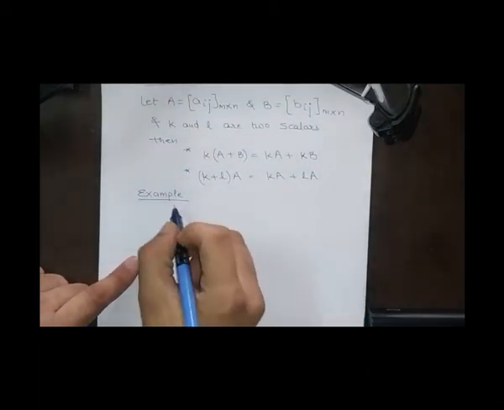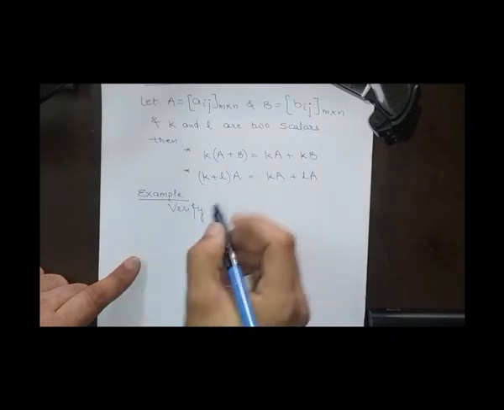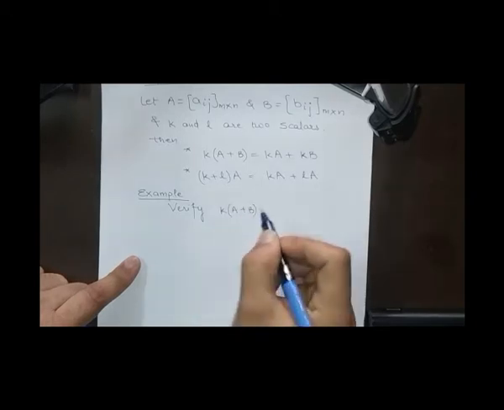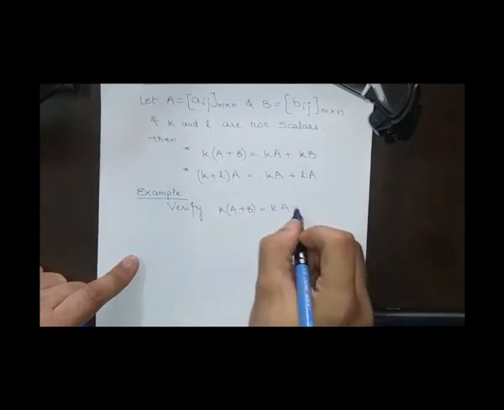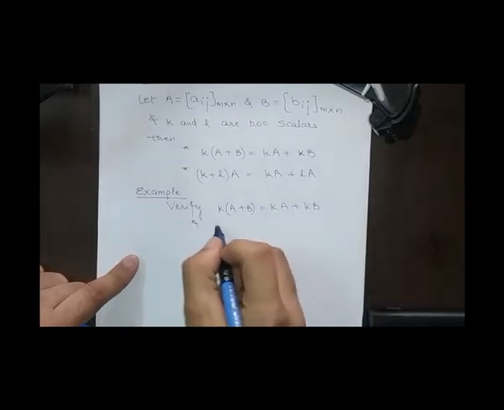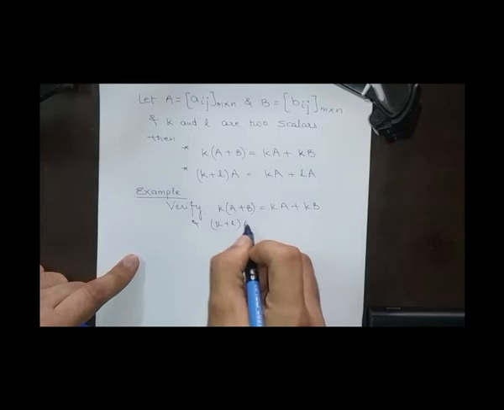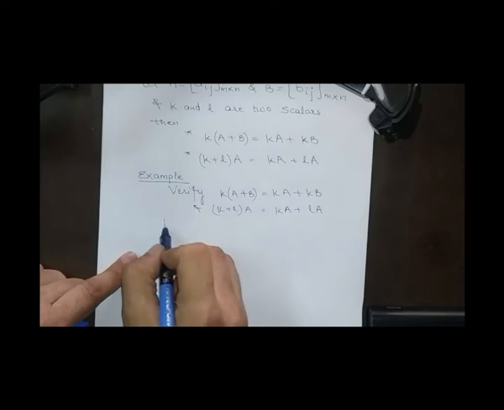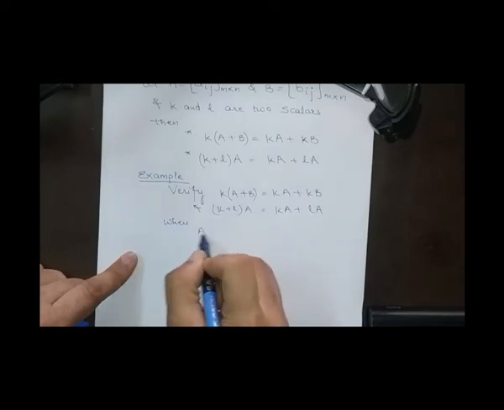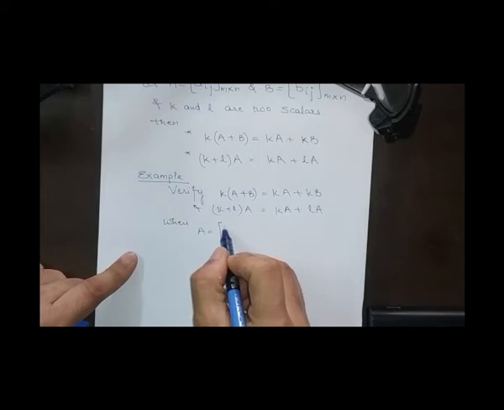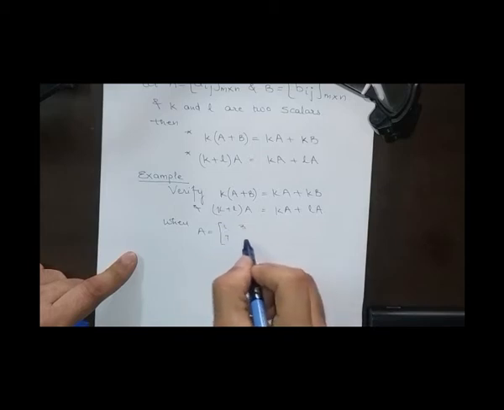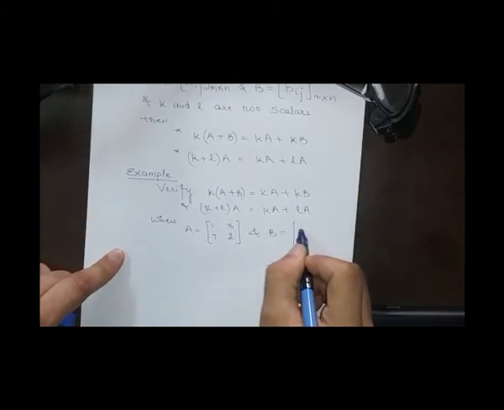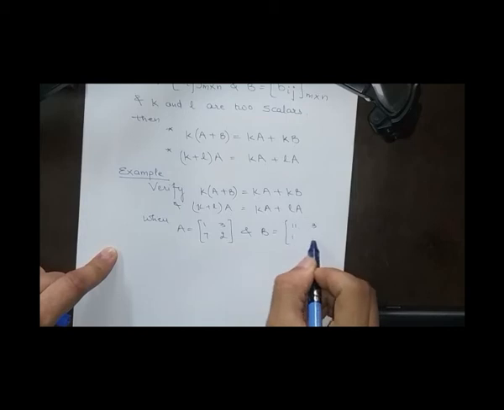Verify k(A plus B) is equal to kA plus kB and (k plus l)A is equal to kA plus lA, when A is equal to 1 3, 7 2 and B is equal to 11 3, 1 5.